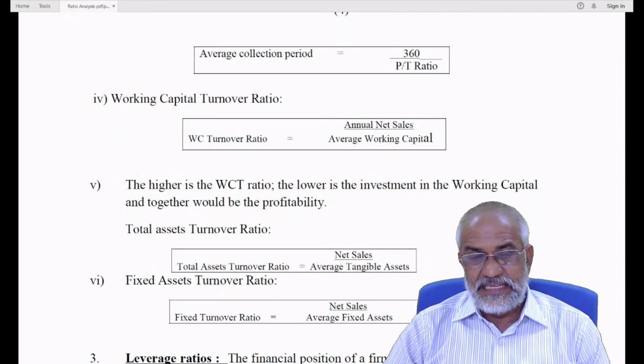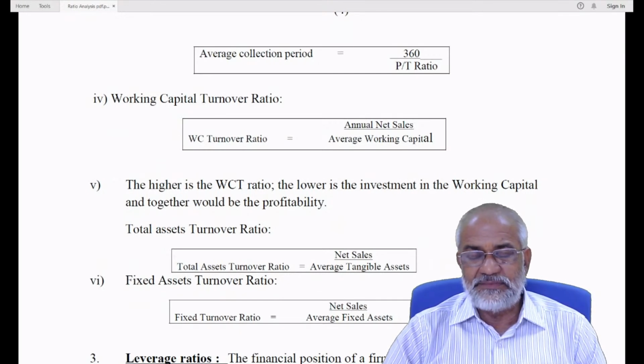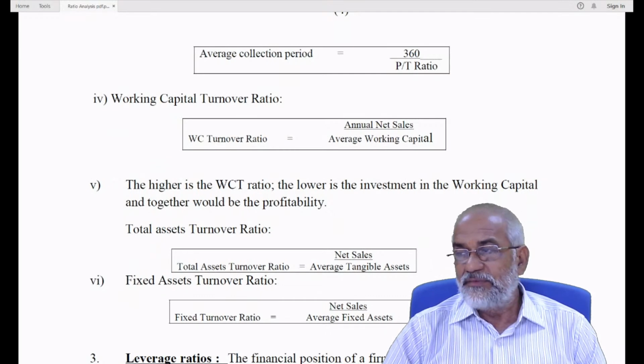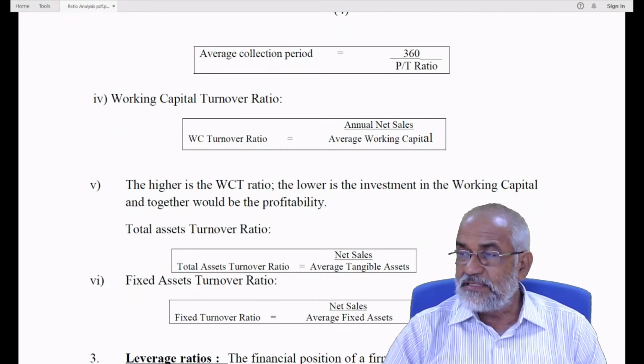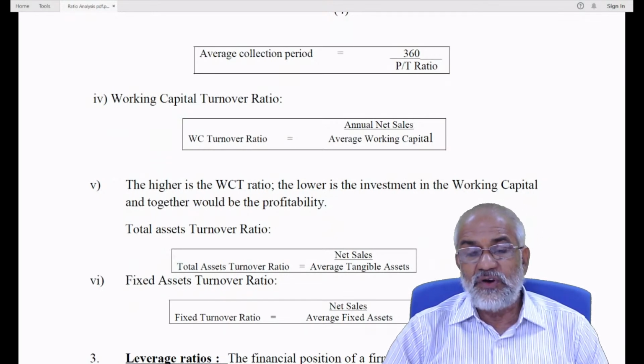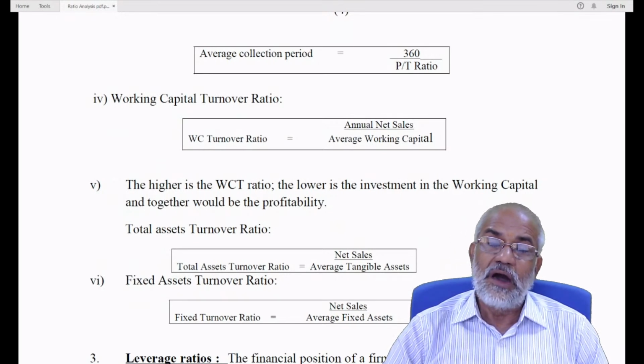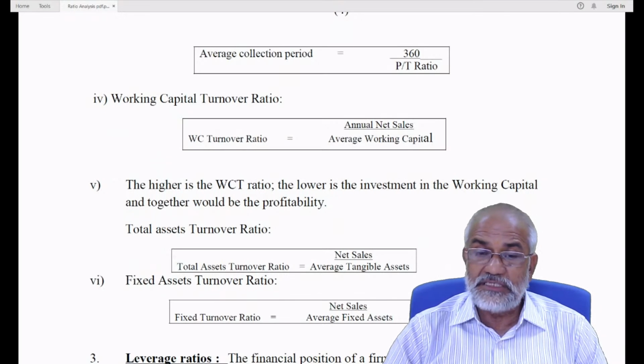So the net sales is divided by the average tangible assets. Tangible assets may be land and building, vehicles, plant and machinery, furniture and fixtures, cash and bank balance. All these come under tangible assets. Intangible items like goodwill, patents, copyrights, trademarks, technical know-how are not to be considered.